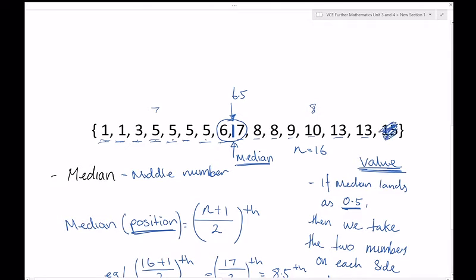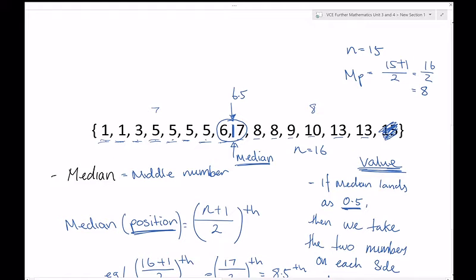So now we have n equals 15, which means the median position will be 15 plus 1 divided by 2, which will be 16 on 2, which will be the 8th position, okay?